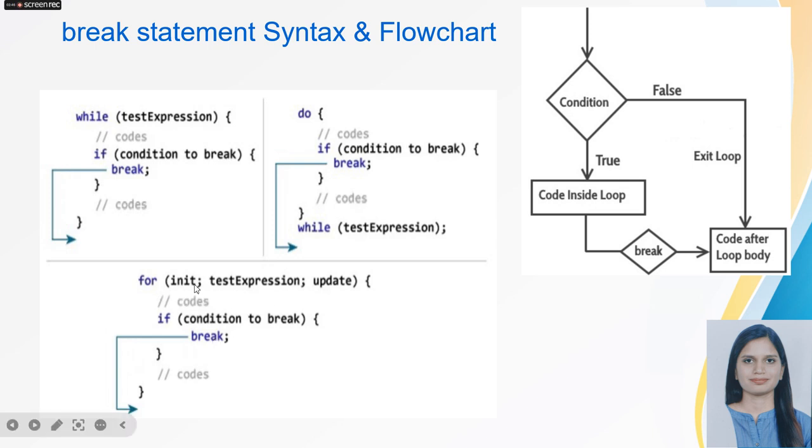For init, test expression, update, if condition to break. Flowchart: condition check. If the condition is true, then code inside the loop, break, and the code of the loop body. If the condition is false, then exit the loop.